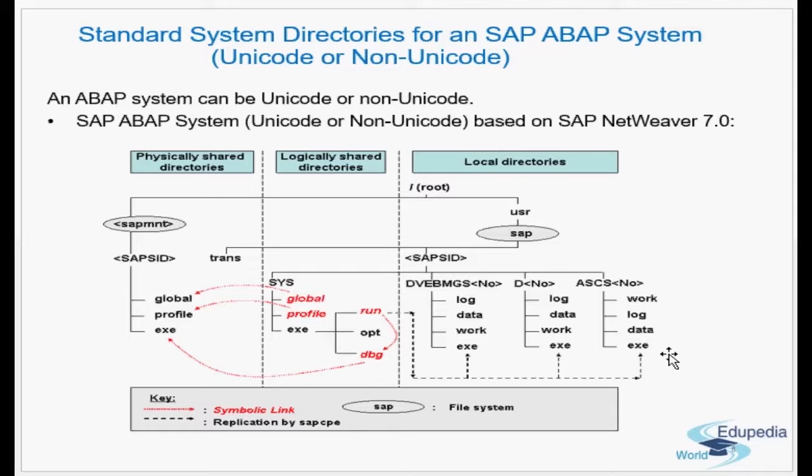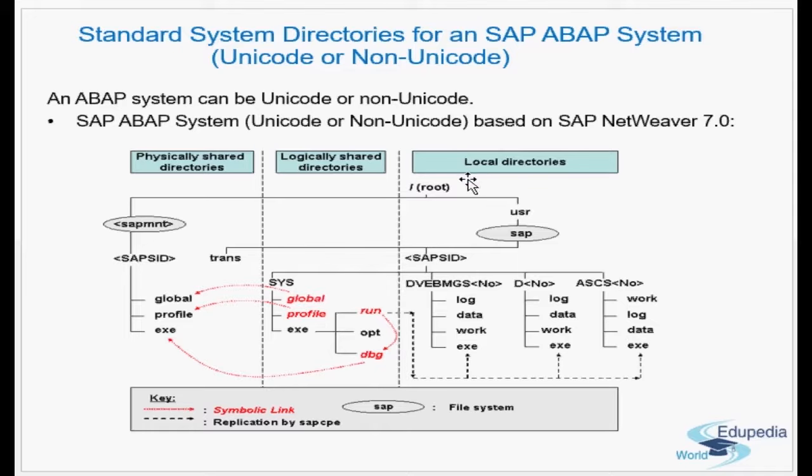They may reside on the same host or on a different host. This is attached through a symbolic link, and here the replication is made by the SAP CPE process. So this is the main structure. In the other slides we will also see there are only slight changes, but this is the main structure.